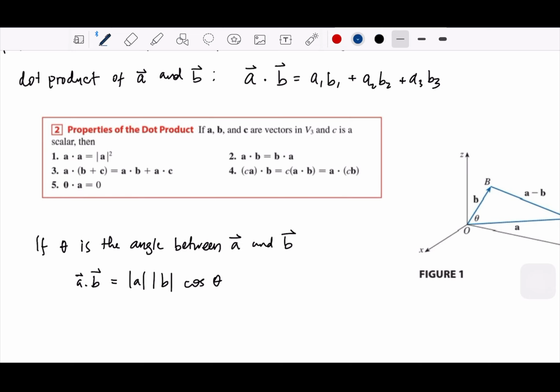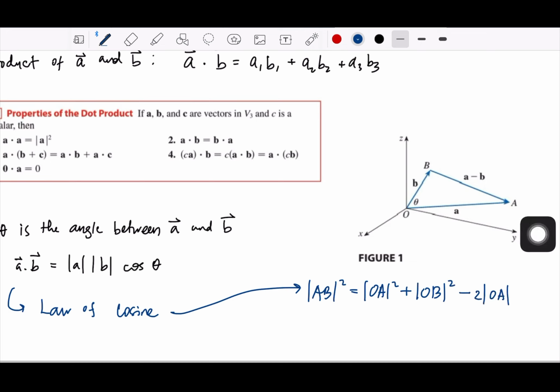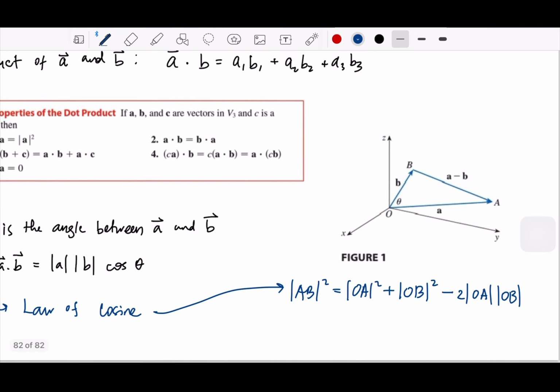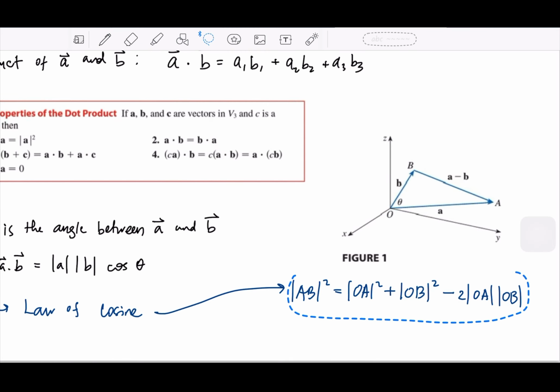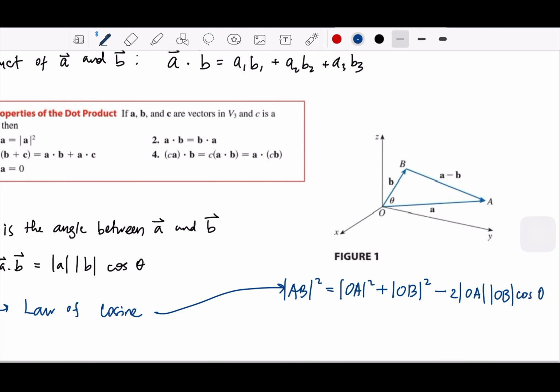To prove this, we use the law of cosines. Let me write here, based on the triangle we have, this will be the law of cosines. If you still remember, the law of cosines is adding and then minus 2 OA OB cos theta.